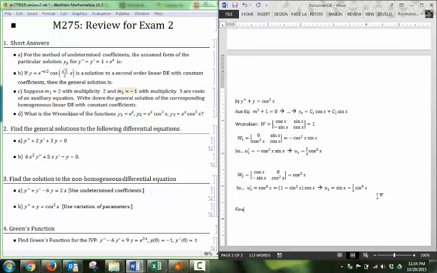Finally, we want our general solution. Our general solution should look like this.